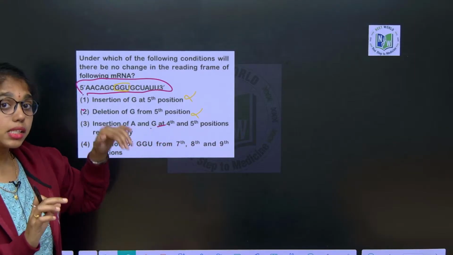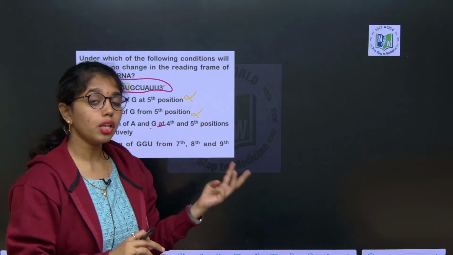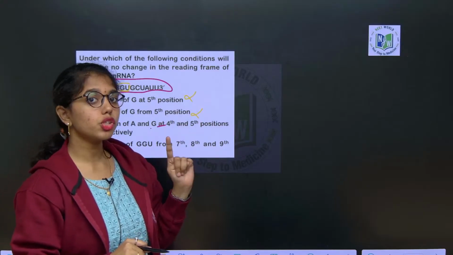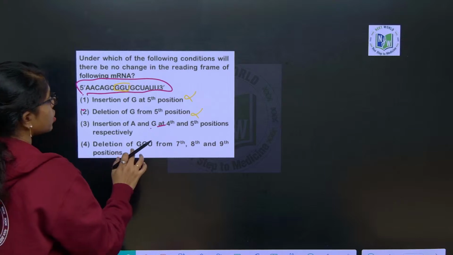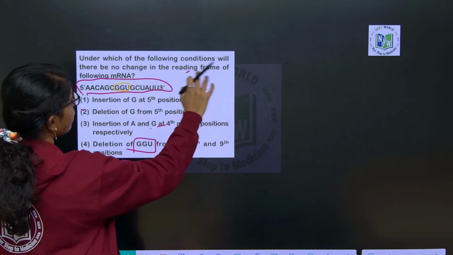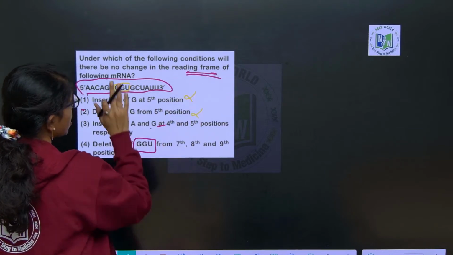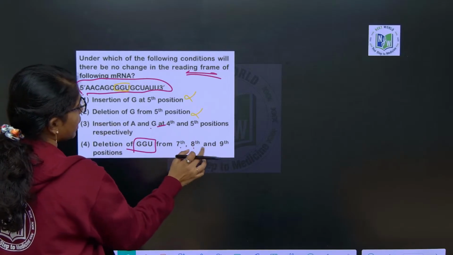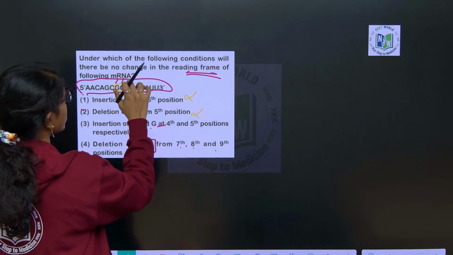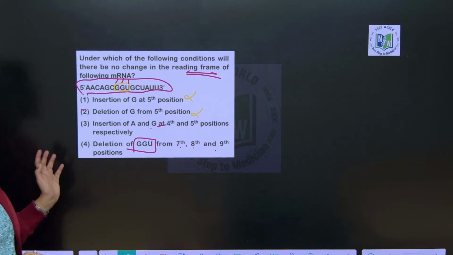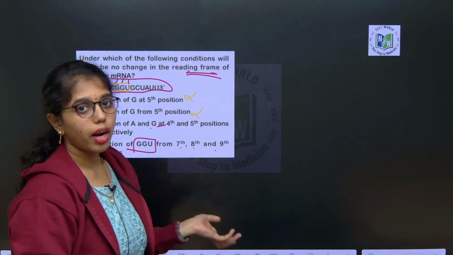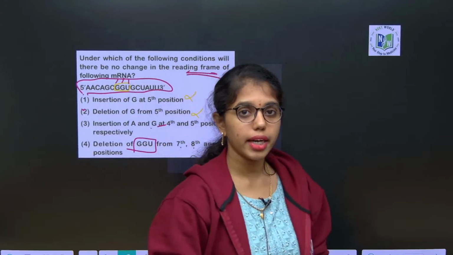By either insertion or deletion of 3 nitrogen bases, which codes for 1 codon, the reading frame will remain unchanged. Here it is at the 7th, 8th, 9th position, GGU. If that is deleted, the reading frame will not be changed. If it is an insertion also, there will not be any change in the reading frame.